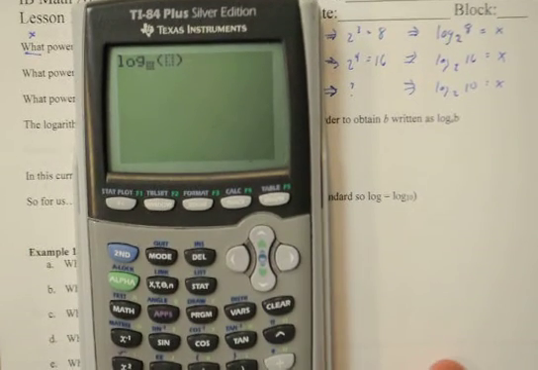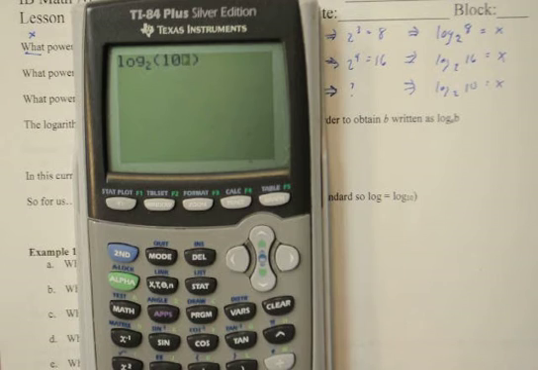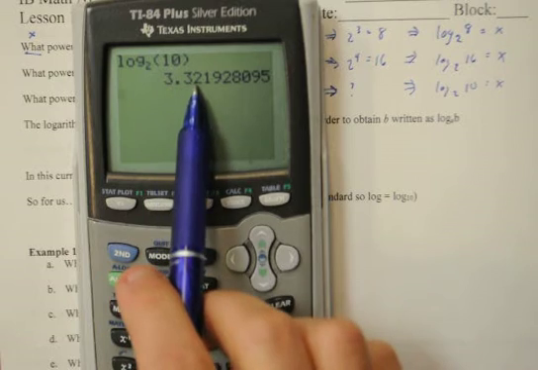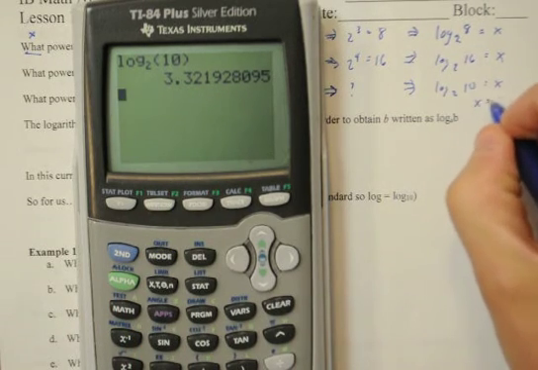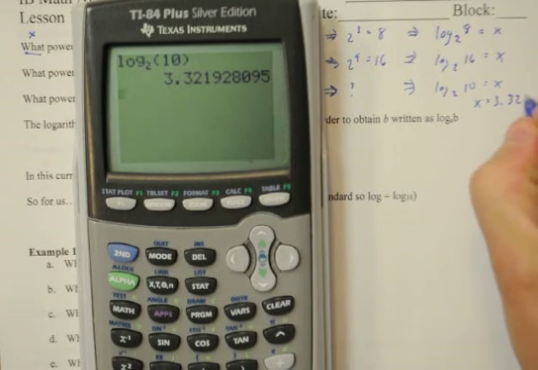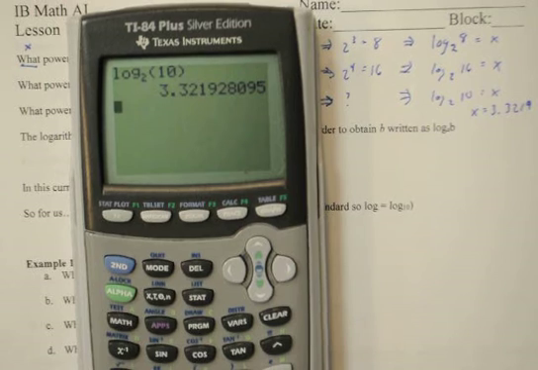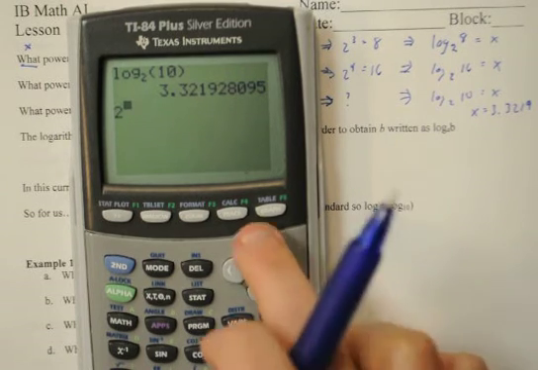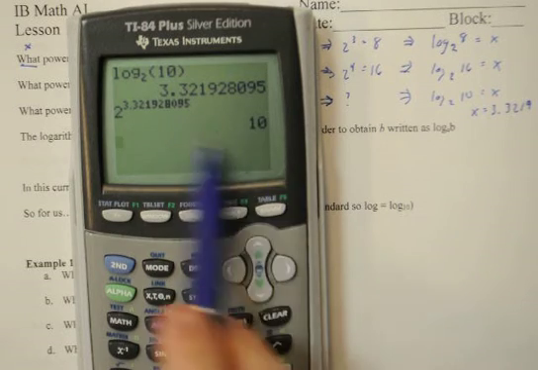All right, so if we want log base 2 of 10, we know the answer is between 3 and 4, and it ended up being 3.3219 in this case. You can check that by saying 2 raised to that power is 10.